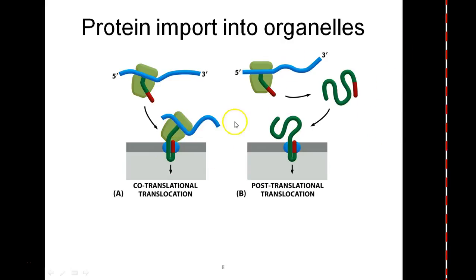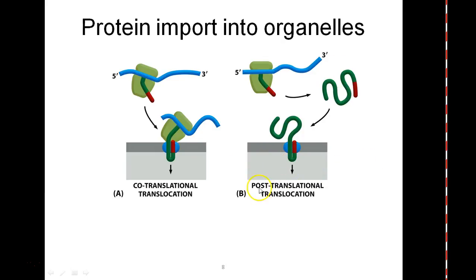And in this process, the protein is completely translated, so the translation is finished, and it's released from the ribosome and from the messenger RNA. So here we have a protein, and then this protein is targeted to the specific organelle.